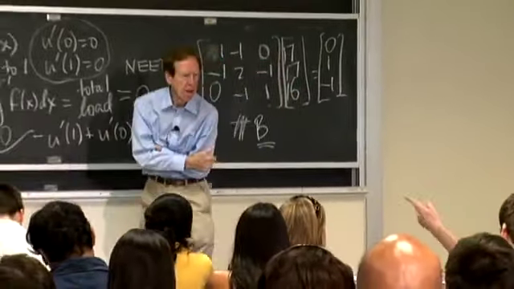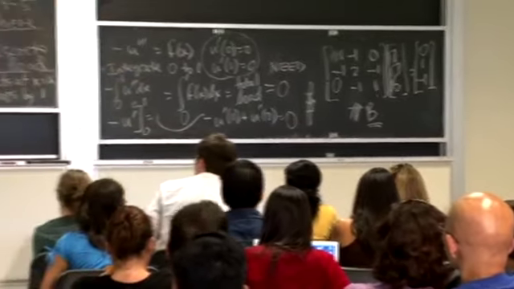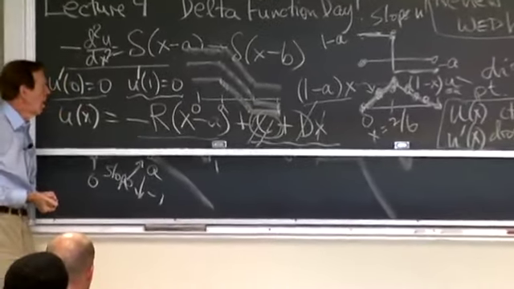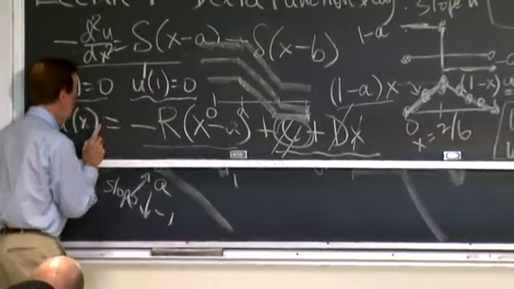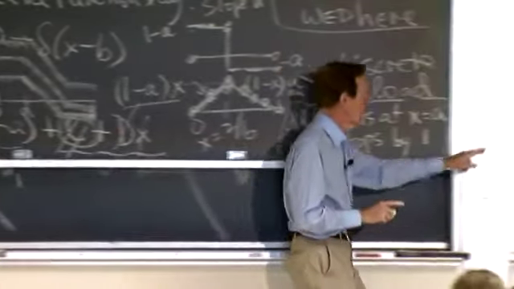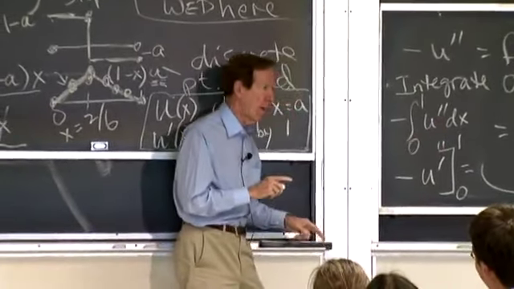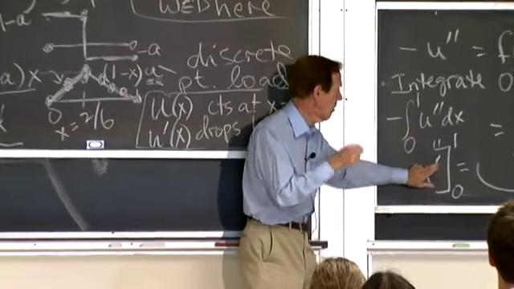Thanks. Over on the spot that you drew, do you have to have equal area above and below the 0 point? Since we're integrating it, it has to equal 0? No, watch what we integrated. We integrated u double prime. So that's not the area. We integrated u double prime and got its integral was u prime.